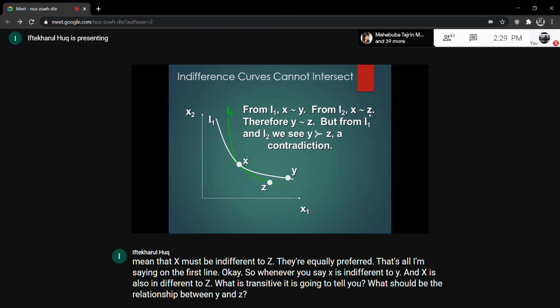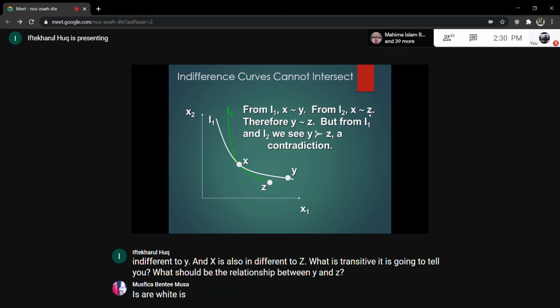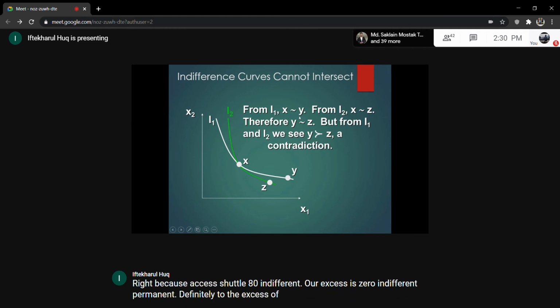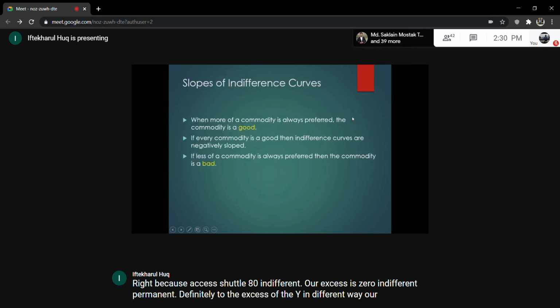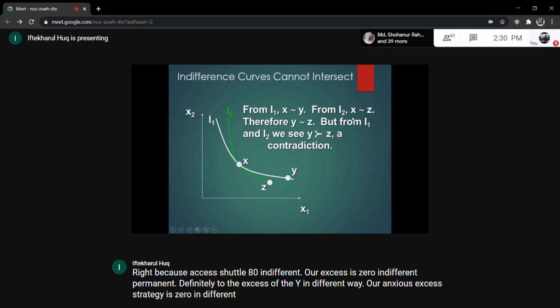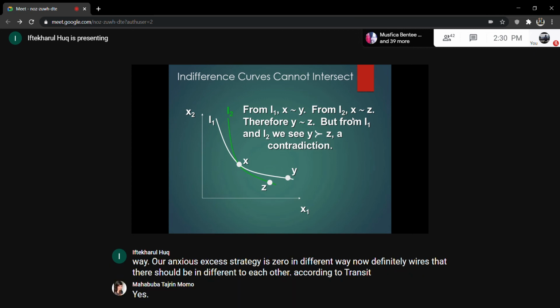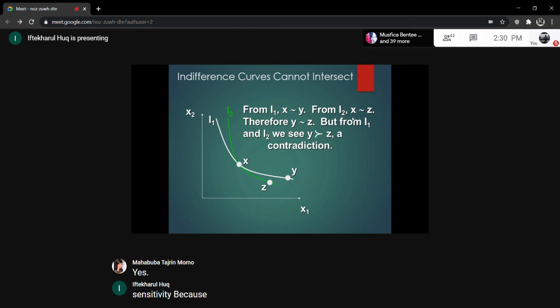Sir, Y is indifferent to Z. Right, because Y is indifferent to X, and Z is also indifferent to X. So definitely Y and Z should be indifferent to each other according to transitivity, because I have to be consistent.